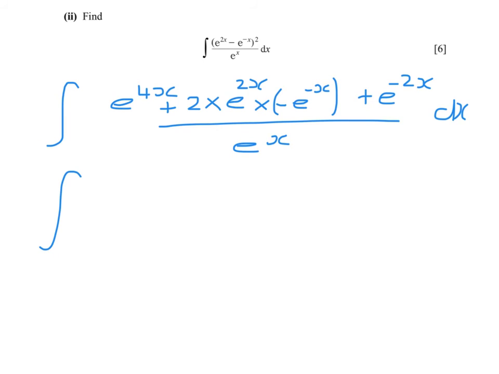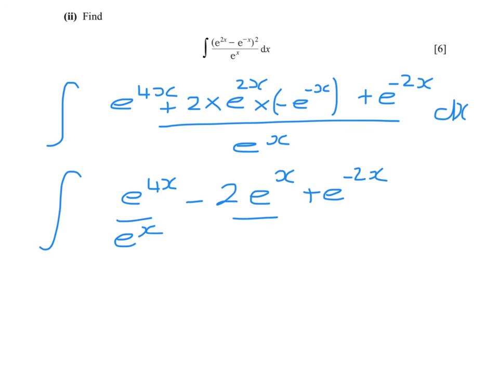So my denominator becomes e to the power 4x minus 2e to the power x plus e to the power minus 2x. And I'm going to write e to the x over each of those.